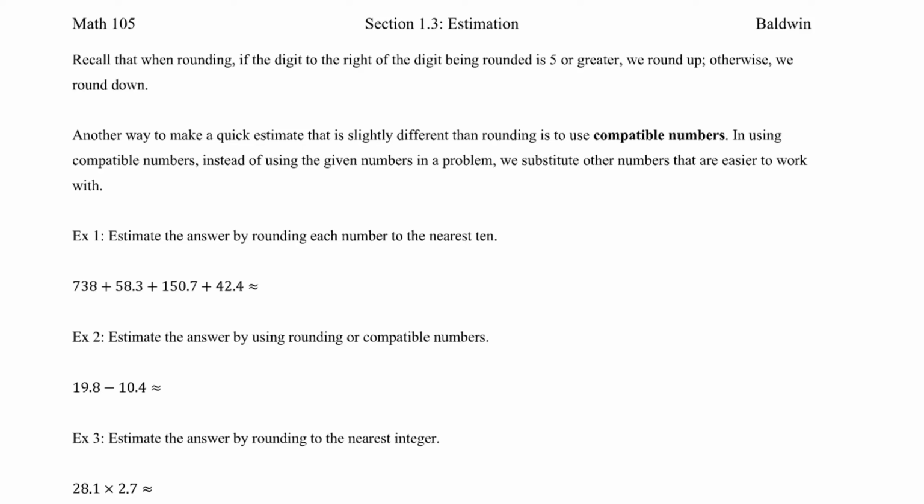So if we're rounding to the tens place, and we have a 2, but behind that 2 is a 5, then that 5 forces us to round the 2 up to a 3. If that 5 was a 4 or anything smaller, we would keep that 2 as a 2. So if it's 5 or higher, we round up, but if it's below that, we round down.